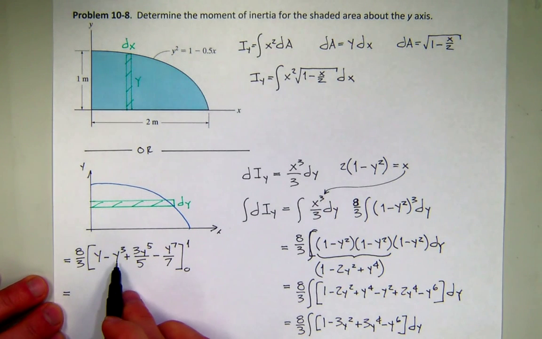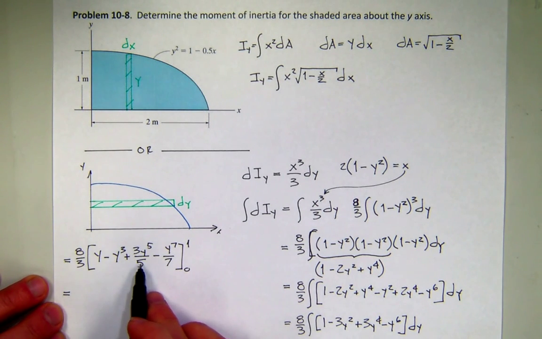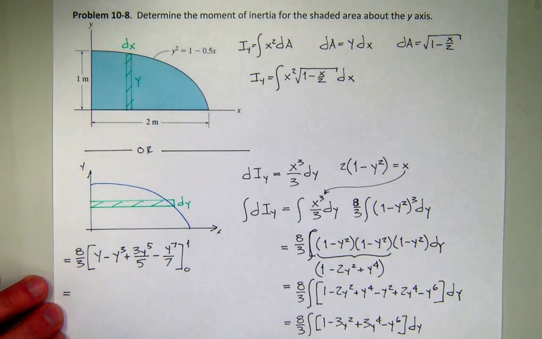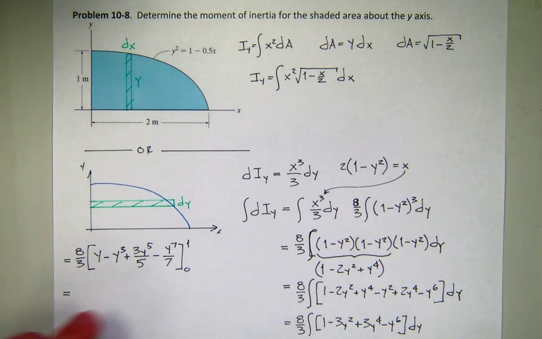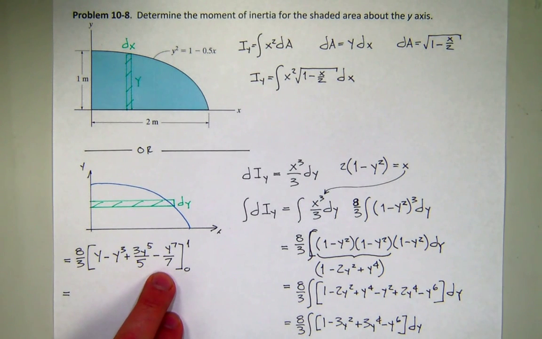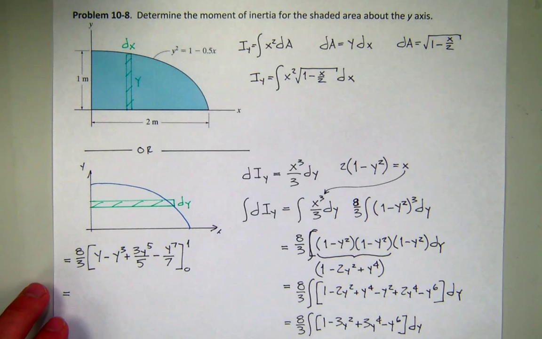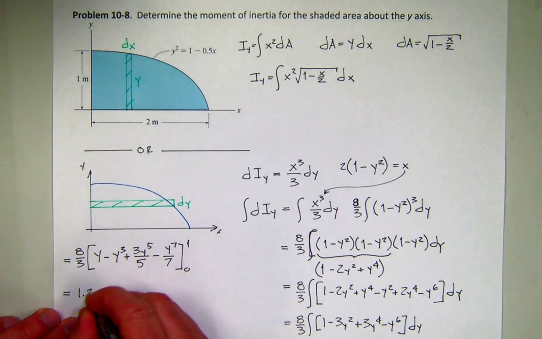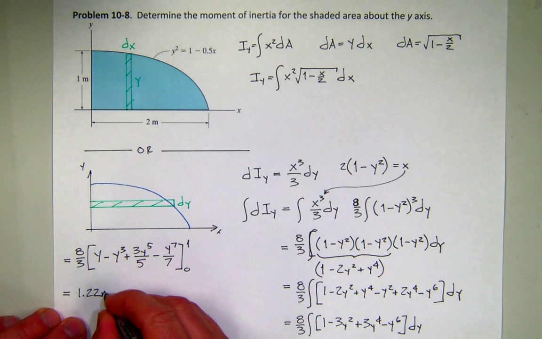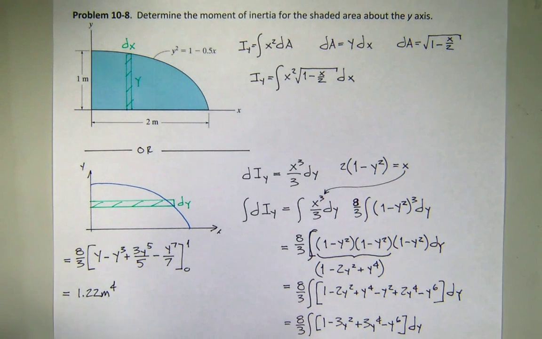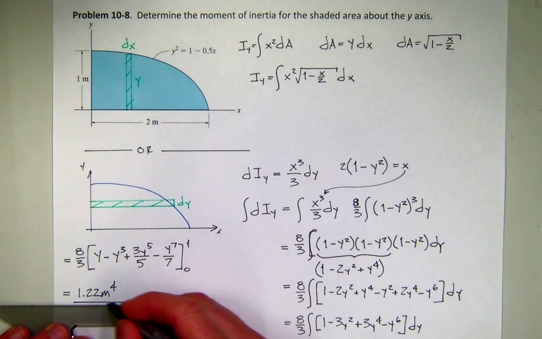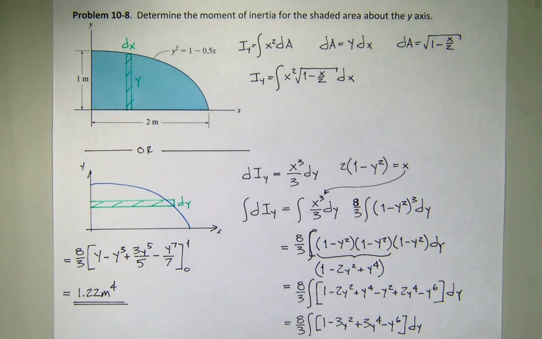So I got 1 minus 1 plus 3/5 minus 1/7, times 8/3. I don't know what that is. Anybody know what that is? I got 1.22, and that would be meters to the 4th. That seems reasonable.